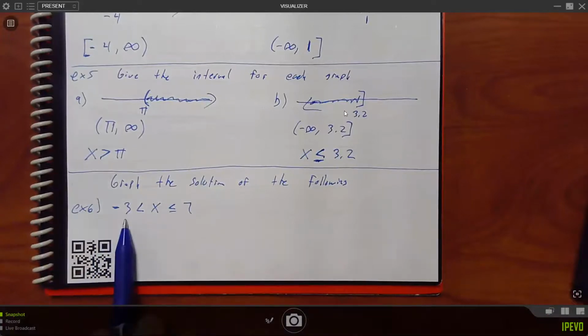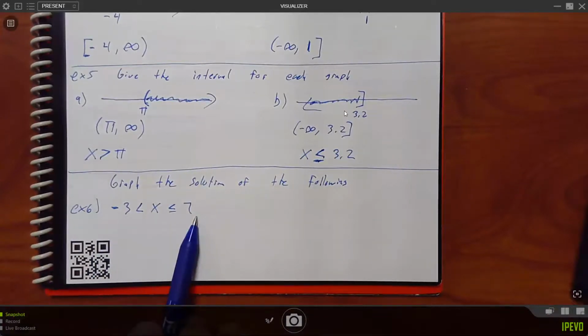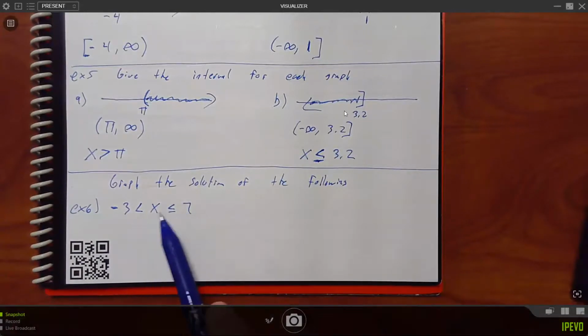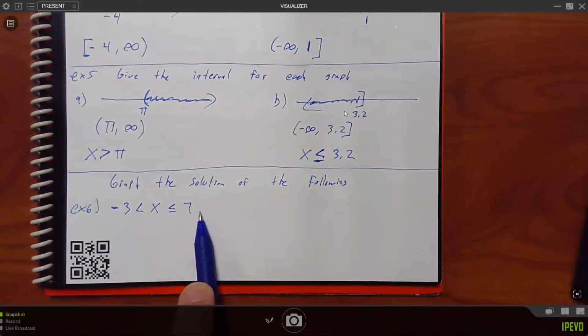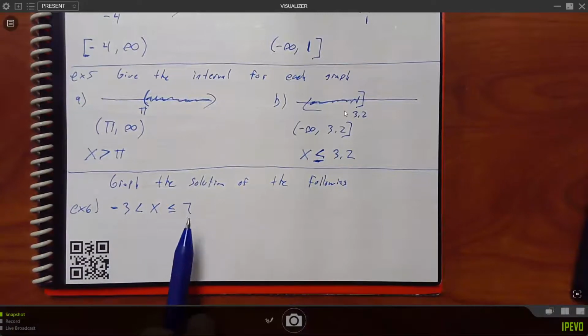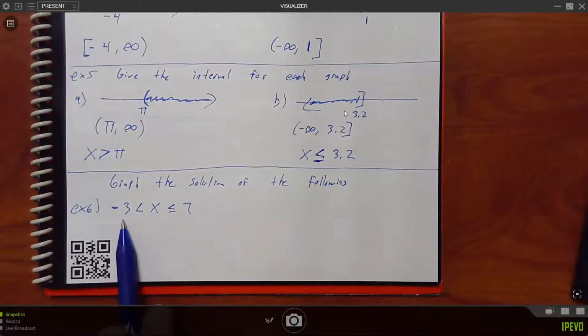It says -3 is less than x, which is less than or equal to 7. Like, well, what does that mean, right? The way I would prefer you to think about it is, if these arrows are pointing to the left, then this is just saying x is between -3 and 7. That's it. So the values of x range from -3 to 7, but we include 7 because it has an equal to. This one does not, so it would be a parentheses, right?